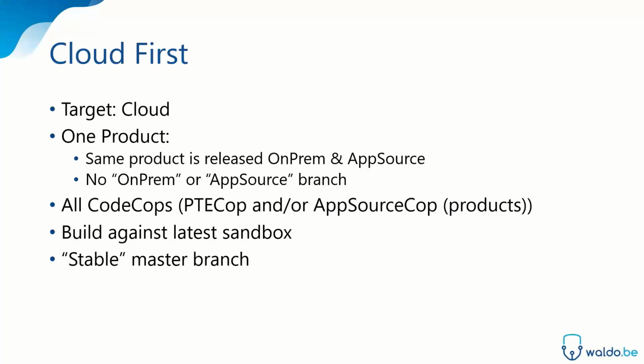The only way that I could see to make it work is to have a stable master branch, a stable branch that I could deploy at all times to the current release or the current version of Business Central.